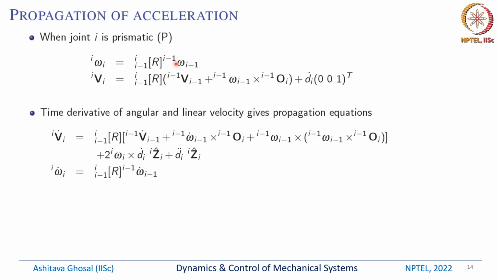So i omega i dot is nothing but i-1 omega i-1 dot, again pre-multiplied by a rotation matrix so that it is in a form suitable for propagation. But let us now take a look at the derivative of the linear velocity. We have 3 terms here: the velocity of the origin, then some omega cross r, and then this is d_i dot.